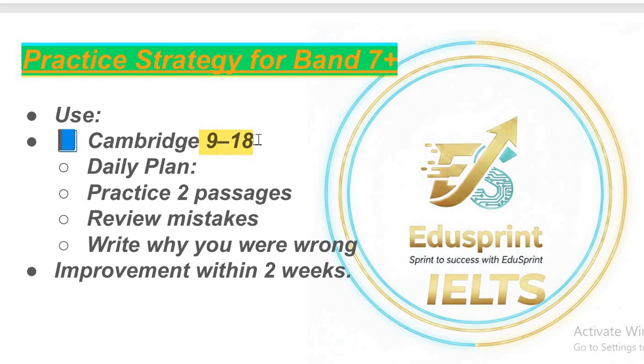And practice 2 passages daily. After solving, check your mistakes carefully. You have to review your mistakes and ask yourself, why was my answer wrong? So it will help you to correct yourself.